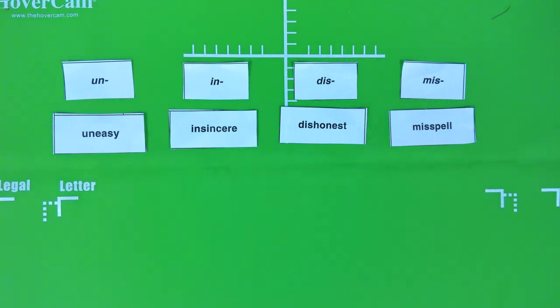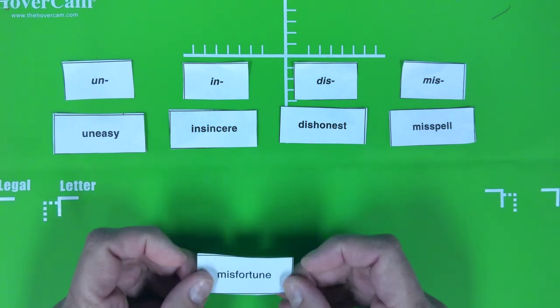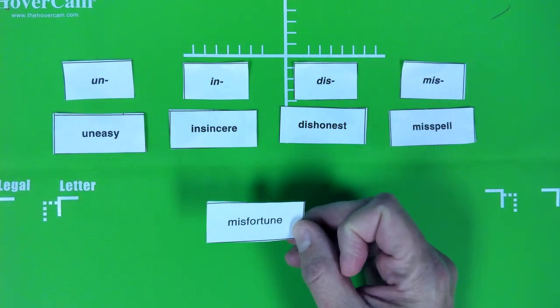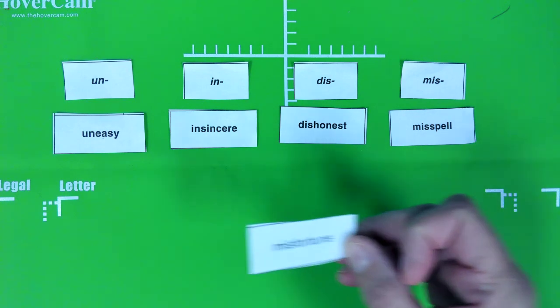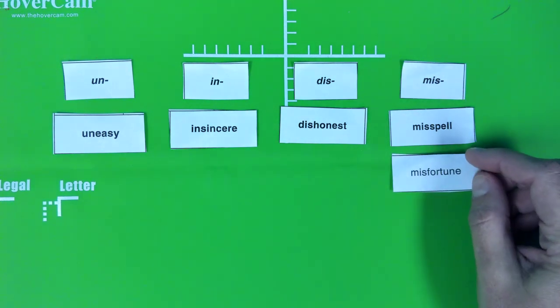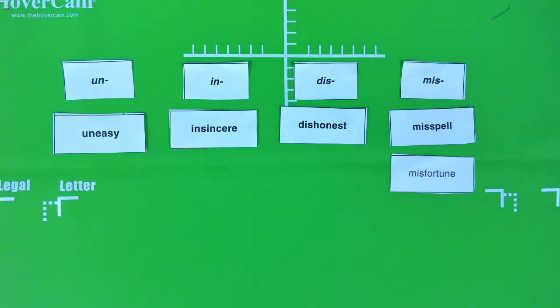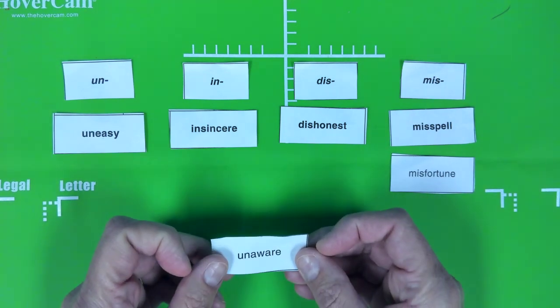Now what I want to do is I'm going to just randomly pick some of the spelling words that we have, and I'm going to sort them. So this first word that I picked is misfortune. I know that misfortune needs to be sorted into the mis pile because the prefix in front of fortune is mis. The next word I have is unaware.